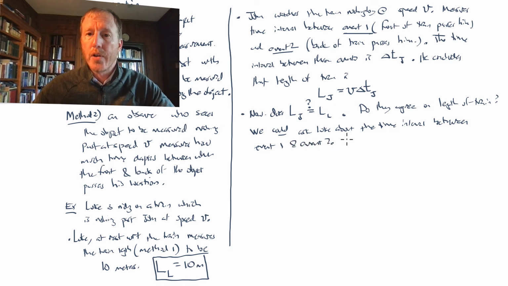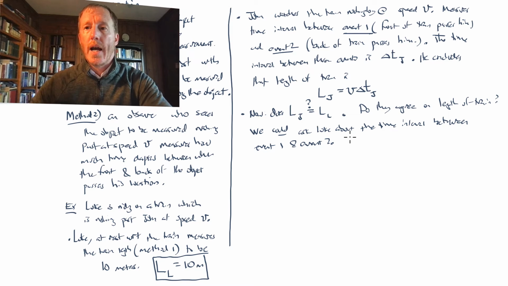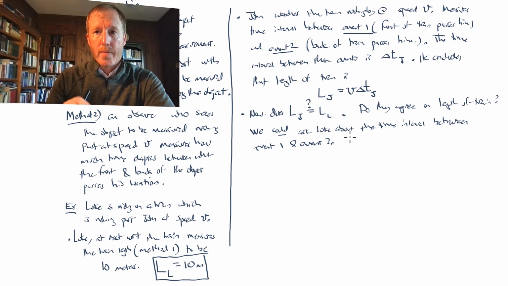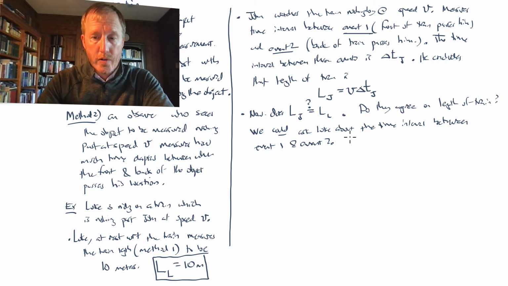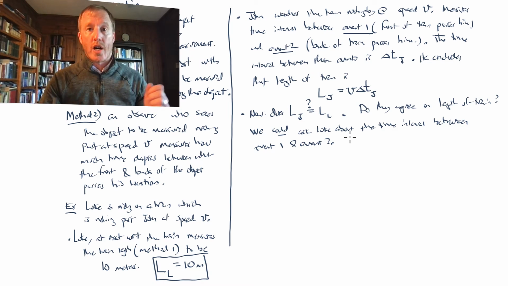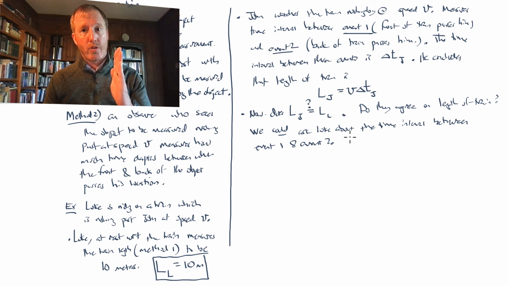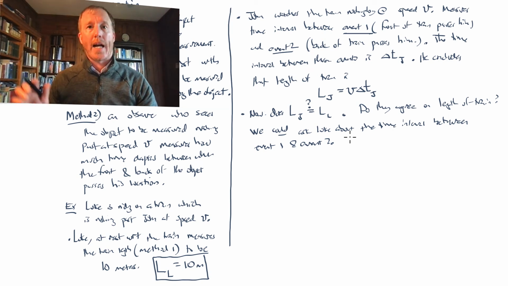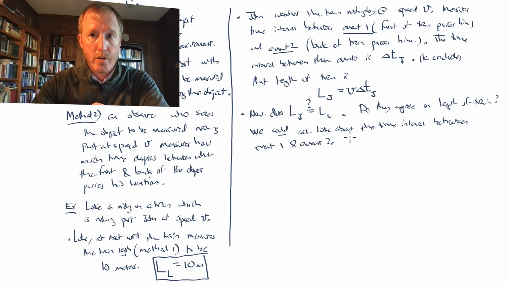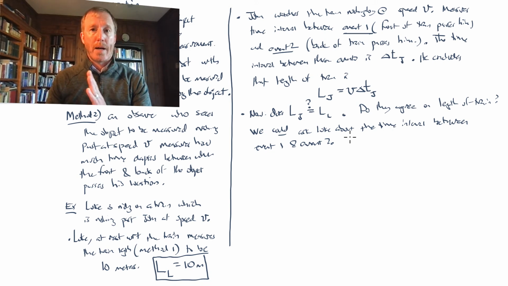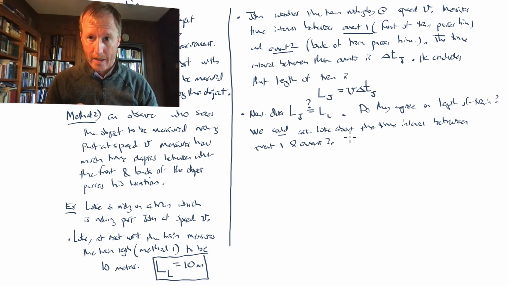So they both agree that John passes the front of the train and John passes the back of the train. From Luke's perspective, what happens is John is rushing past, John passes the front of the train, and John passes the back of the train. And he could measure the time interval between those two events. From John's perspective, the front of the train passes him, and then the back of the train passes him. Those are the two events, okay?